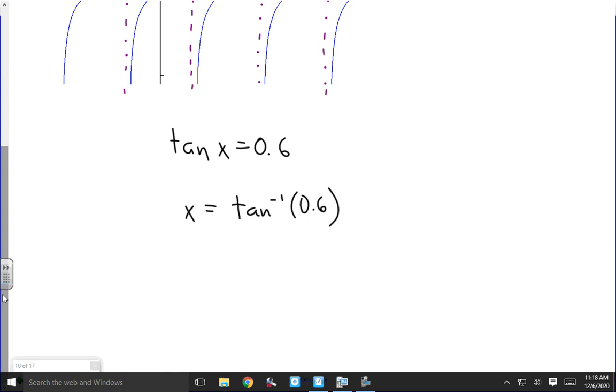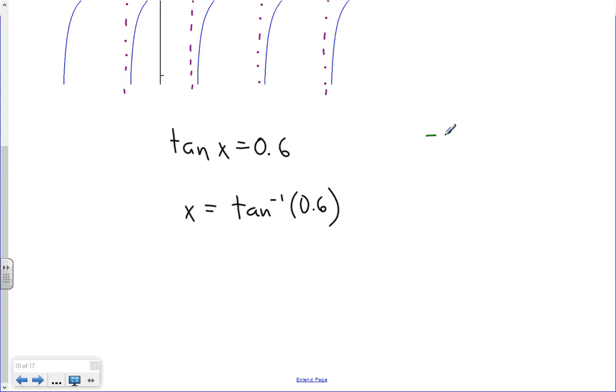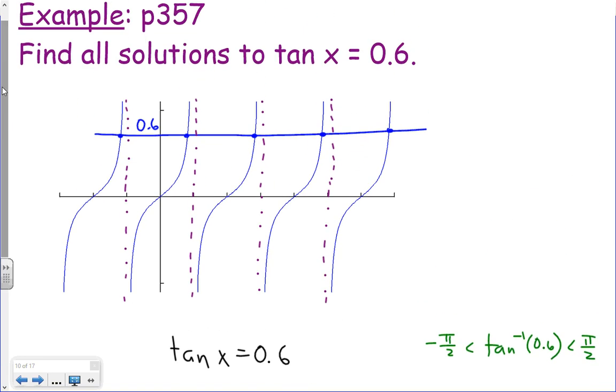So the restriction that we made, we said that we are going to restrict our domain of the tangent function from negative pi over 2 to positive pi over 2, which meant that the range of tangent inverse was going to then be between negative pi over 2 and positive pi over 2. Or that's quadrants 1 and 4 if you're sketching an angle in standard position. That's our range of our inverse trig function. That range is the same as the restriction on the domain of our tangent function.